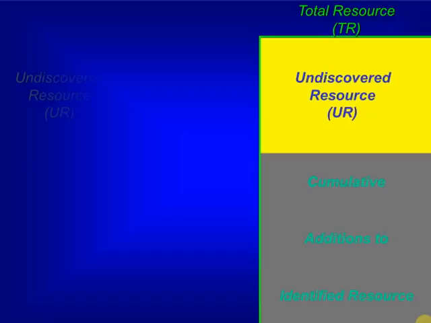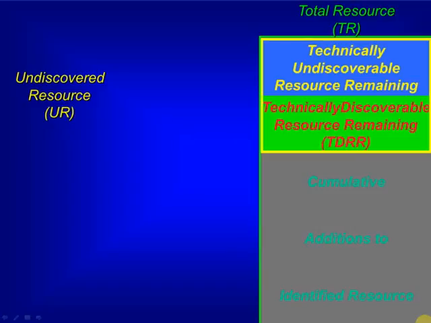The undiscovered resource can be subdivided into two: the technically discoverable resource that's remaining in the ground, and the technically undiscoverable resource that's remaining. Of course, the division between the two is the level of technology.